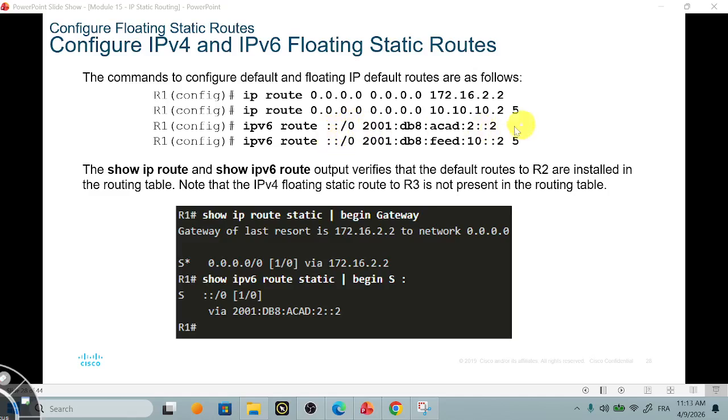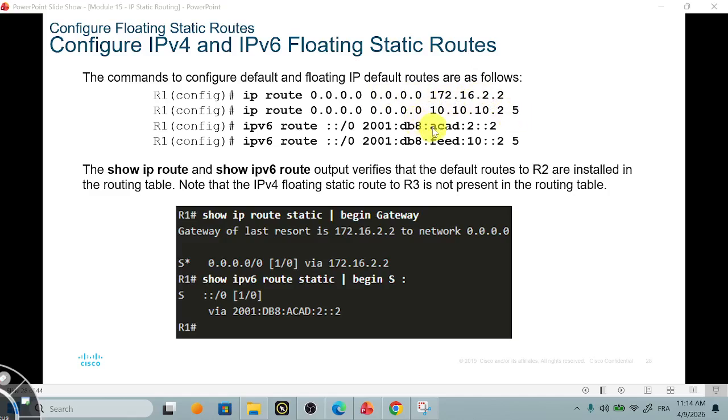You see, and for the IP version 6 static routes, we put ::/0, and we put the destination next hop IPv6 address, and then you put the administrative distance value. So here, as you are defining, this is the main path, but this is the backup path if this is not available.